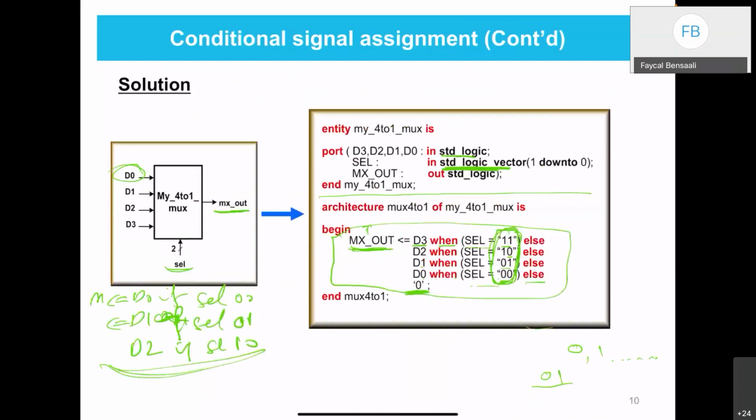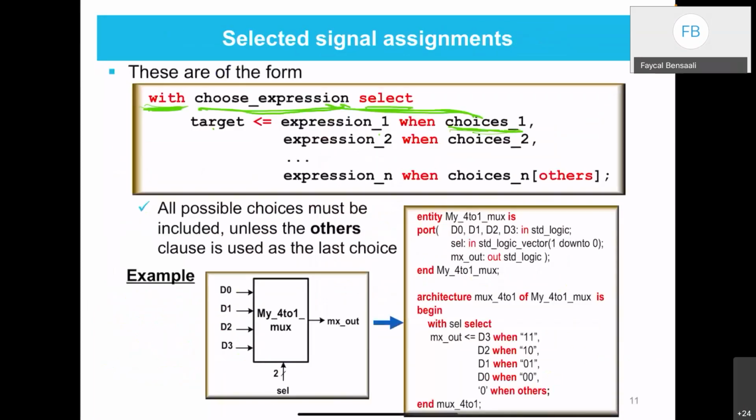So the choices are like the case statement in C++. Did you do it when you have multiple cases? It's similar here. With select, the cases that we are listing, I have 4 cases, are based on the value of select. So I put select here.